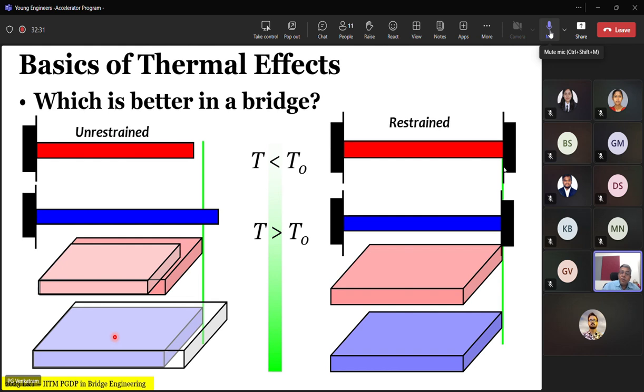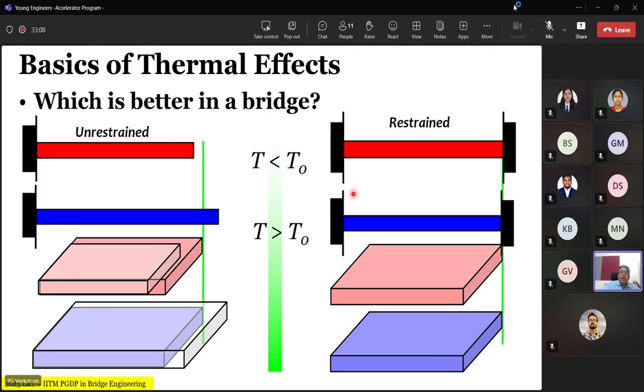That's why I want all of you to be clear which phenomenon is important, not visually, not in layman's terms like a tall pier. If it is a flexible pier, you might go for restrained bridges, right? So whether restrained or unrestrained is better depends upon the magnitude of the deformation and the magnitude of the force that it causes in the superstructure. Yes or no?